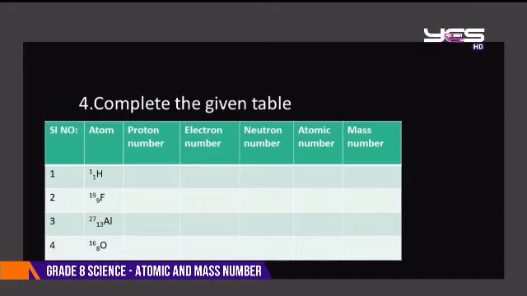So you have to fill in these numbers: proton, electron, neutron, atomic and mass numbers. In this question, the symbols and some numbers are given. I will give 2 minutes to think and solve these exercise questions. The first 1 minute you can use to solve the first 3 questions, and the remaining 1 minute to solve the table question.